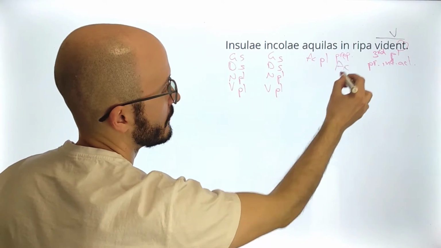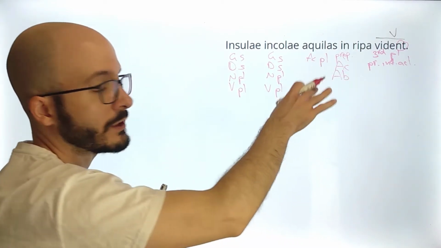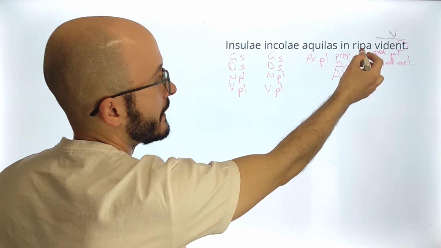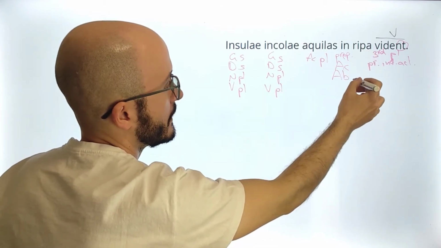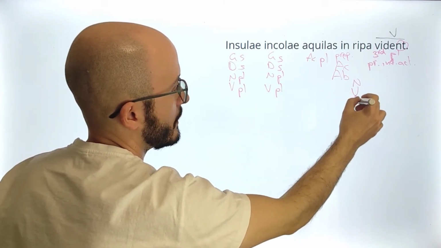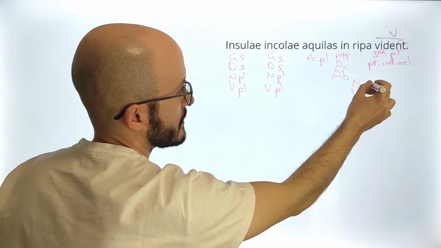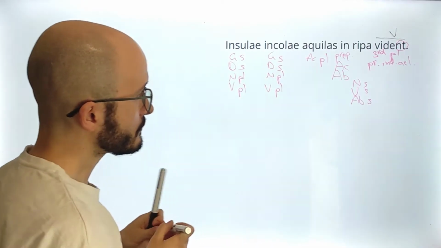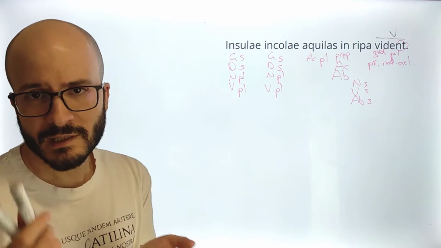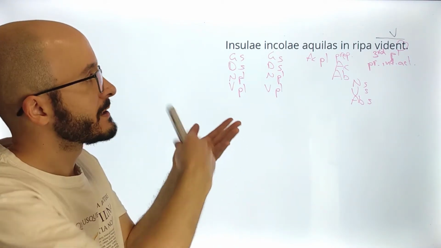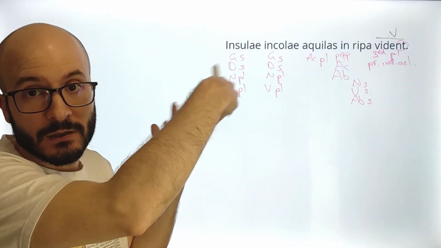Preposition, accusative or ablative. We are going to see which one. Then ripa is nominative, vocative, ablative, singular. Then we said, okay, so now we start finding phrases.